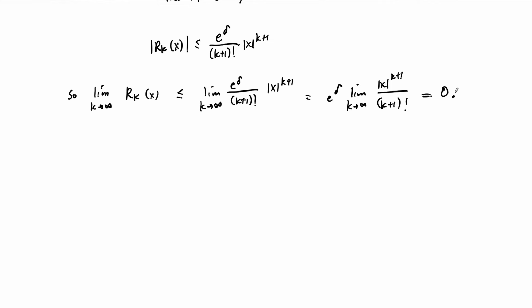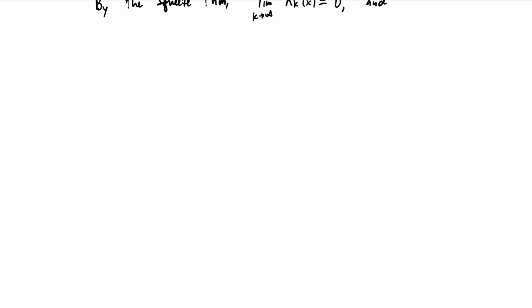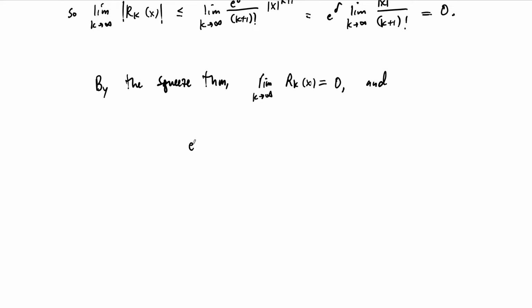All right, so on one hand, the limit of the remainder, you can do absolute value here, is less than or equal to 0. On the other hand, because it should be absolute value, it's greater than or equal to 0, and so by the squeeze theorem, the limit of the remainder, r sub k, as k approaches infinity, is equal to 0, and this means that e to the x equals its Maclaurin series.